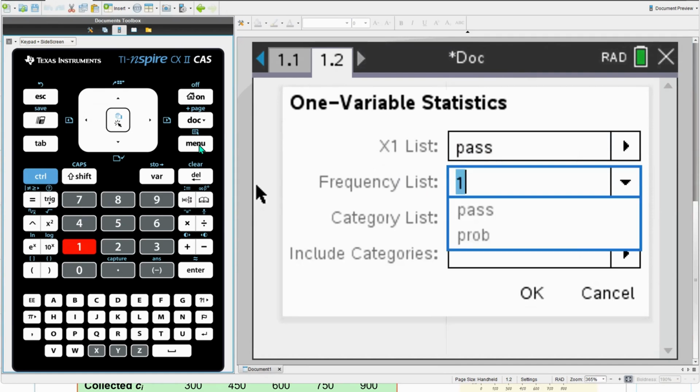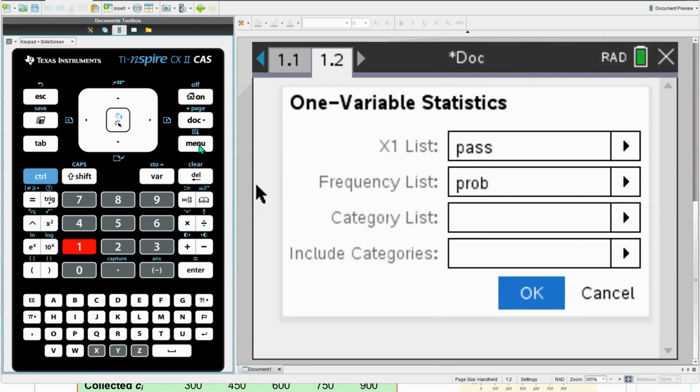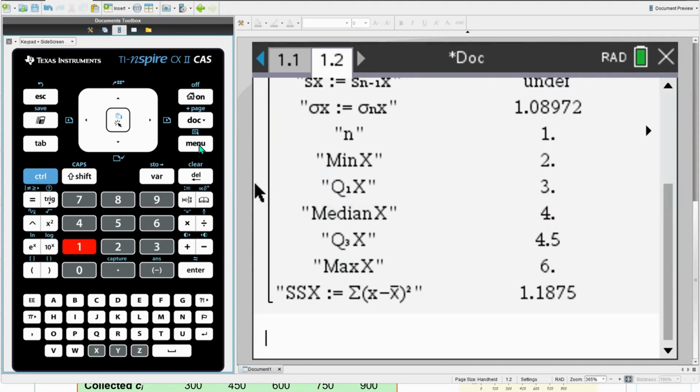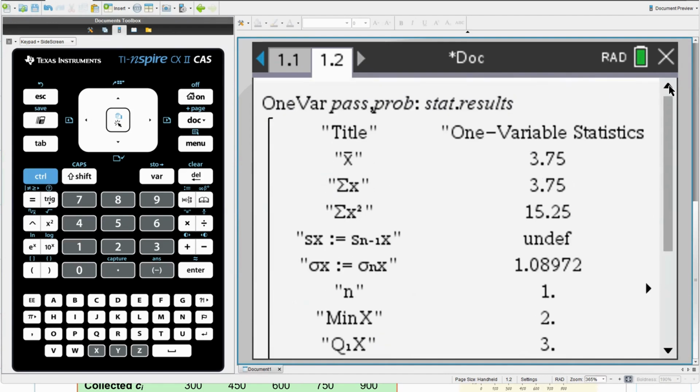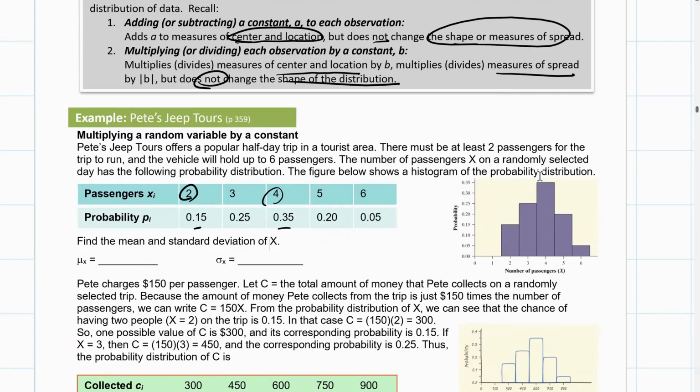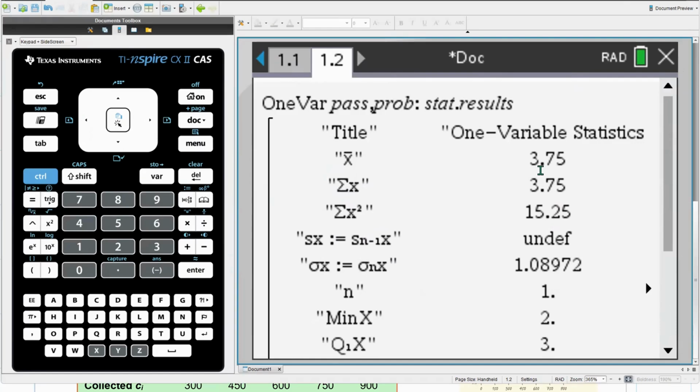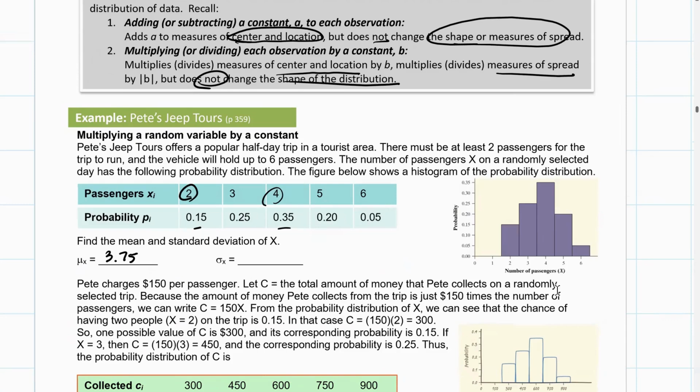The frequency list is probabilities. Looking at the printout, 3.75 is our mean, and our standard deviation is 1.0897, which we'll round to 1.09.